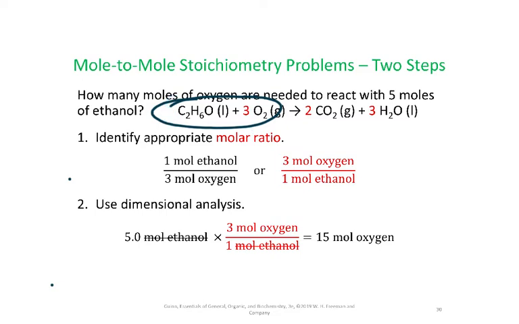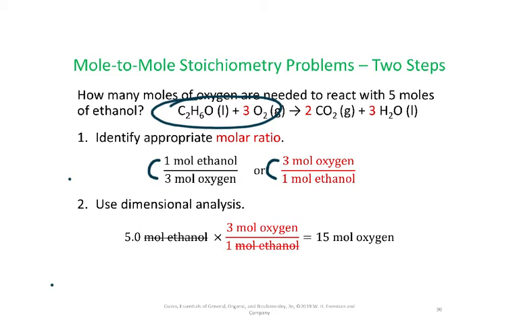So we can look at the mole ratios. 1 mole of ethanol to 3 moles of oxygen, or 3 moles of oxygen to 1 mole of ethanol, depending on the question, right? Just like we always know, if you have a conversion factor, you can always write it either way by flipping it.